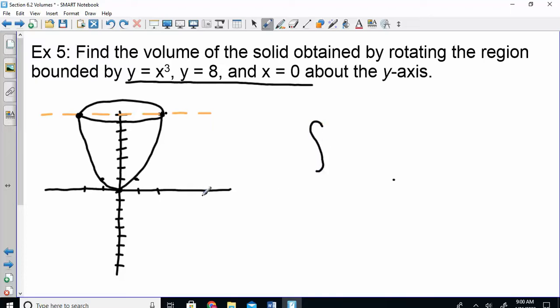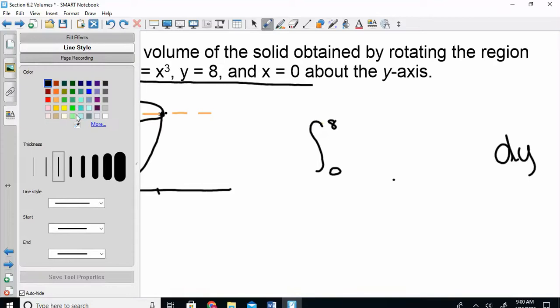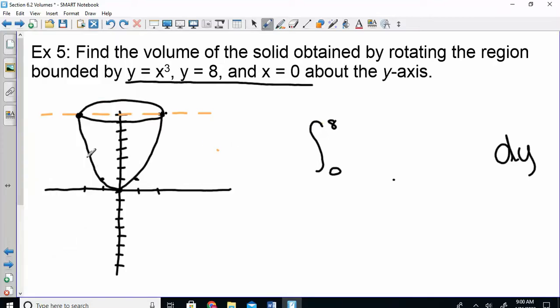So when we do this, the bottom is at 0. What was my top, my highest y value? 8. Okay, since 0 and 8 are y values, this is a dy. Everything has to be in terms of y. If you think about a cross section, if you take a section here, we agree that would be circular.